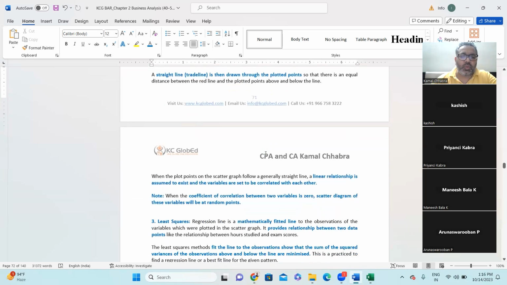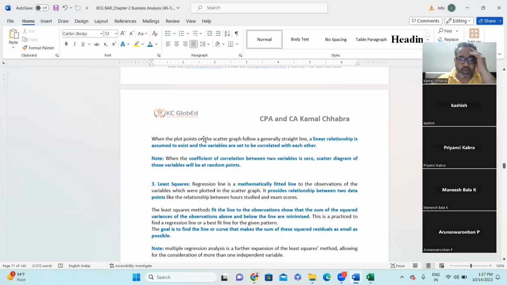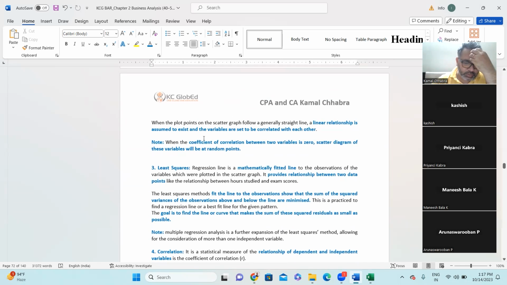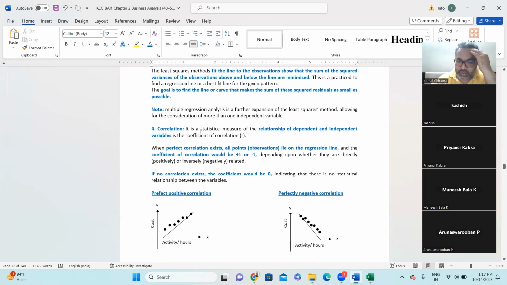When it comes to the least square method, all these points above the line and below the line, the gaps will be minimal, right? So that analysis is called least square analysis, right?